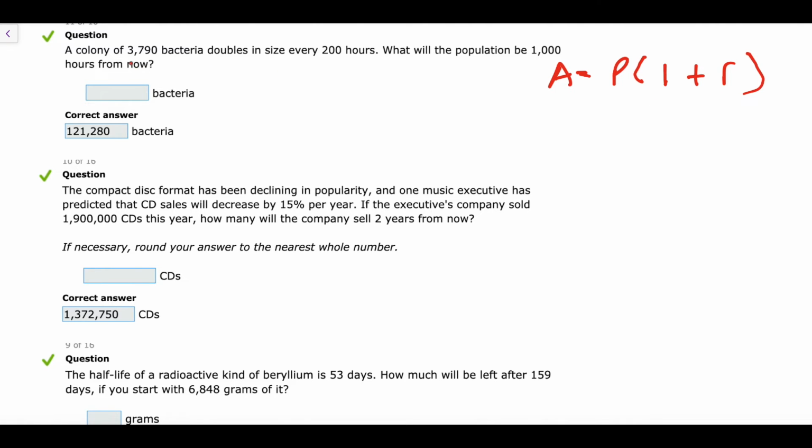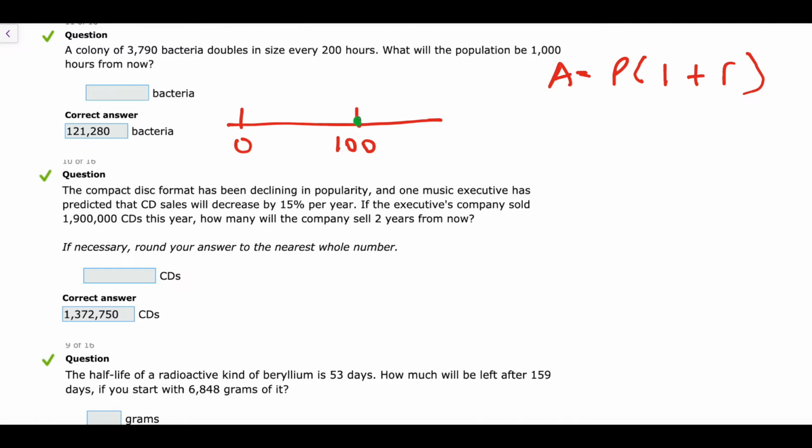So a colony, and double, well, what percentage is double? Well, let's say here's 0, and here is 100.